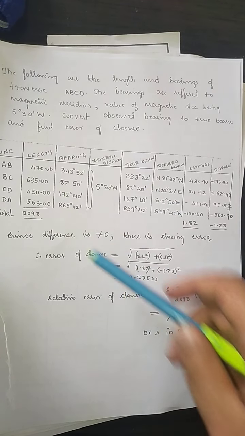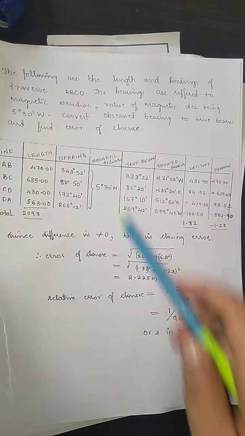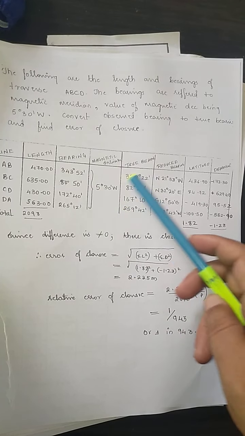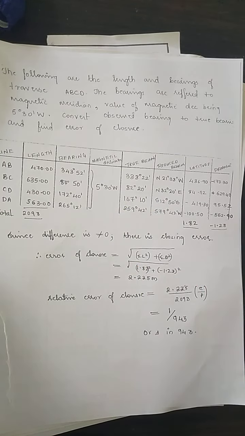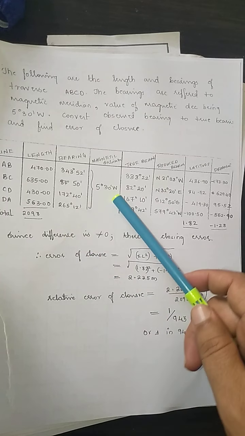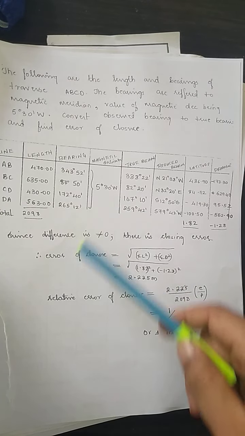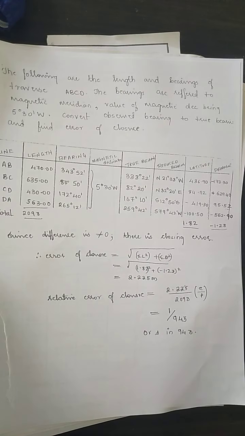Then 87 degree 50 minutes minus 5 degree 30 minutes west, we get 82 degree 20 minutes. 172 degree 40 minutes minus 5 degree 30 minutes west, we get 167 degree 10 minutes. 265 degree 12 minutes minus 5 degree 30 minutes west, we get 259 degree 42 minutes.